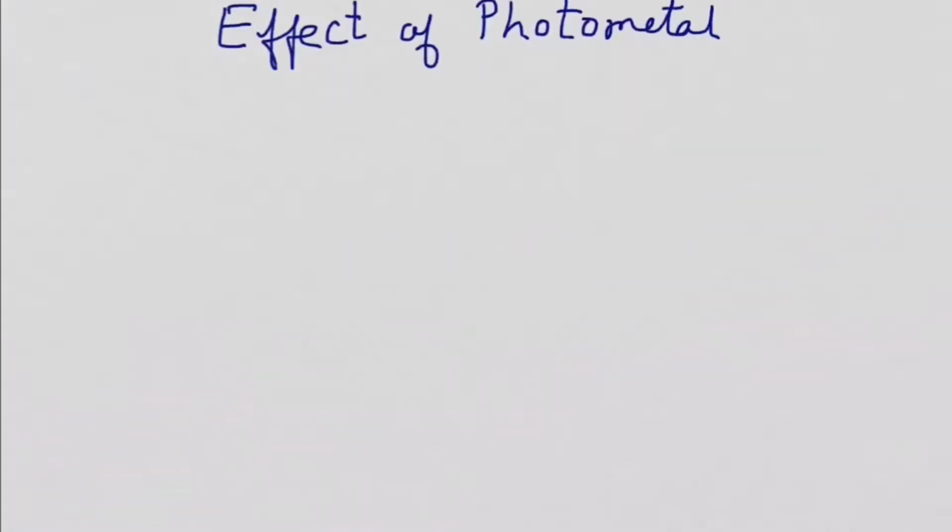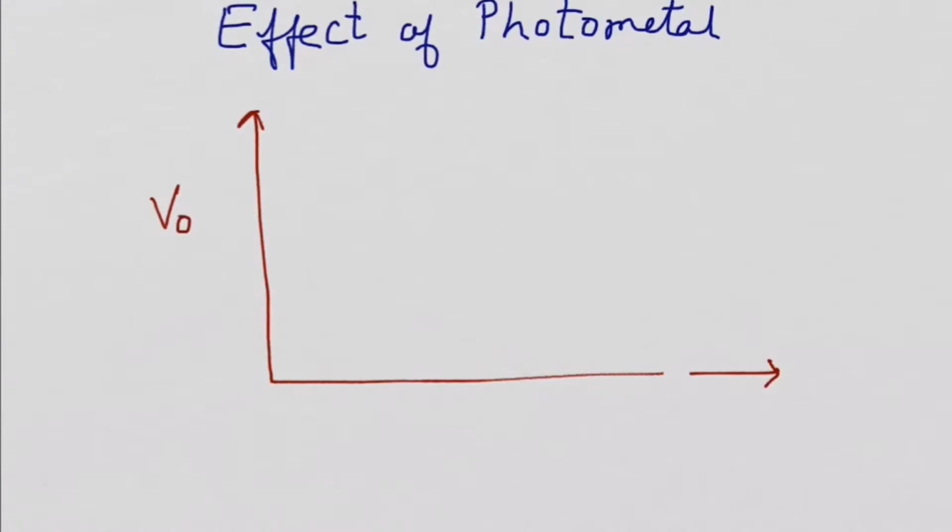Right? Now let us see the effect of photometal, meaning we are changing the photosensitive material, and we observe that the stopping potential is different for different photosensitive materials.